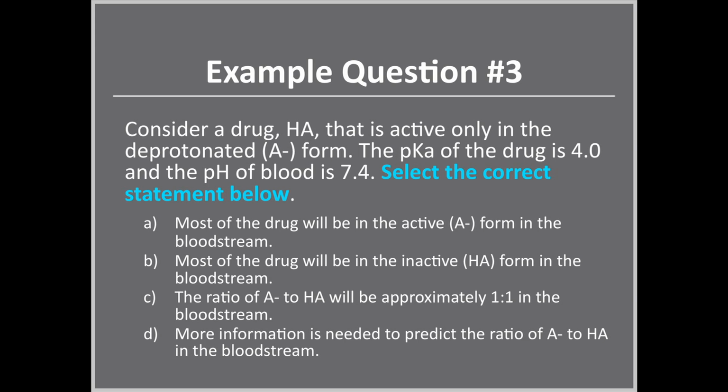B, most of the drug will be in the inactive HA form in the bloodstream. C, the ratio of A- to HA will be approximately 1:1 in the bloodstream. Or D, more information is needed to predict the ratio of A- to HA in the bloodstream. Think about the answer to the question on your own, and then use the online system to record your answer. Pause the video here while you answer the question.